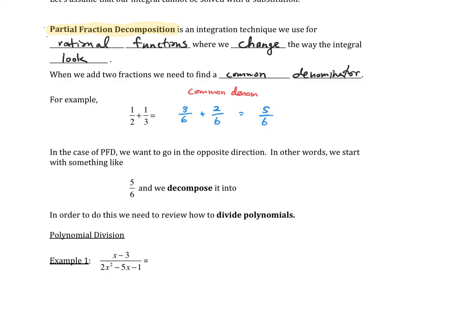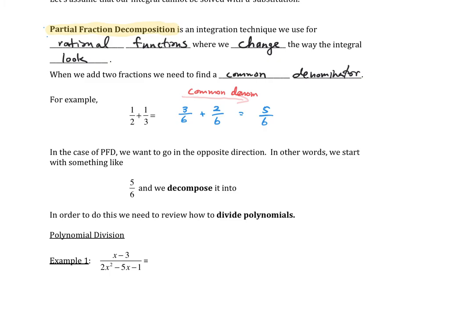So when adding two fractions, it's almost like we're moving from left to right in this description that I've just described. Now, in the case of a partial fraction decomposition, we actually want to go in the opposite direction.